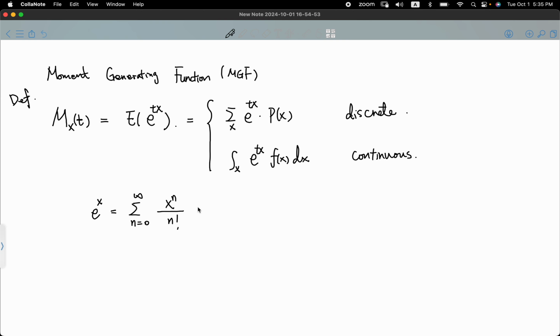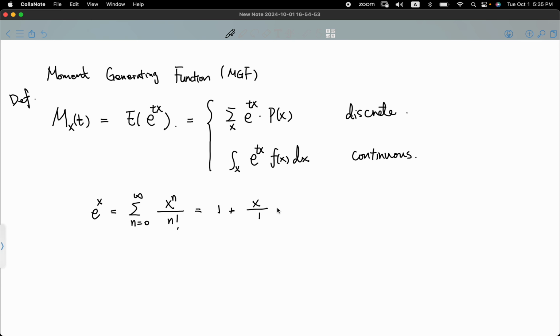Okay, so maybe let's first write down the first few terms in this sum. When n equals 0, the first term is equal to 1. When you plug in n equal to 1, you will have x raised to the power of 1 over 1 factorial.